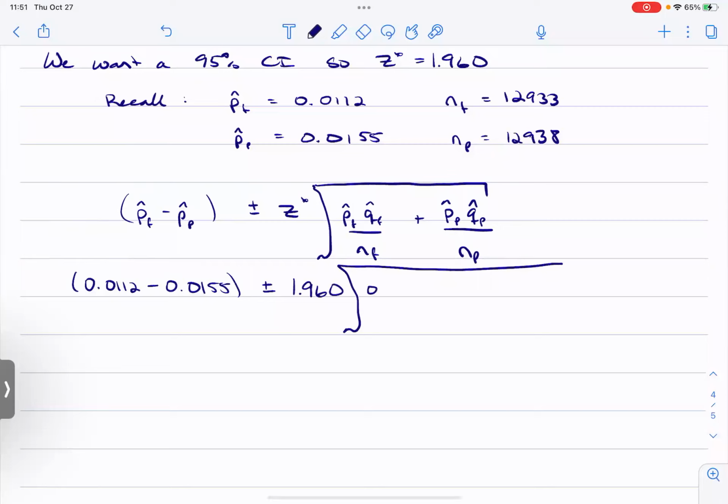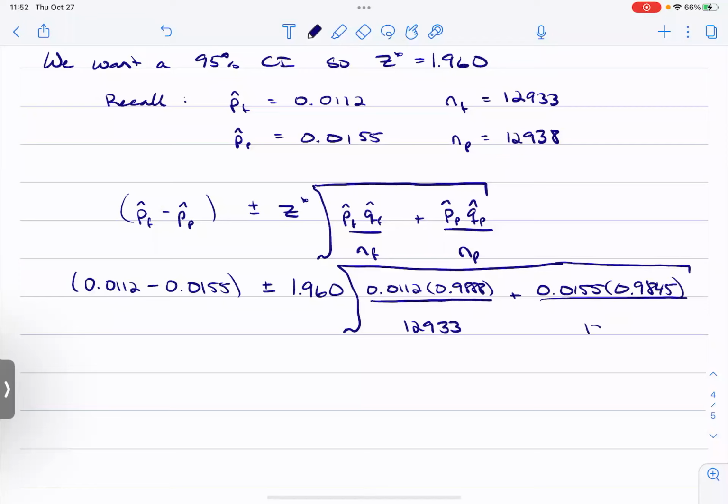And then 0.0112 times 0.9888, right? 1 minus 0.0112, divided by 12,933, plus 0.0155 times 0.9845 divided by 12,938.